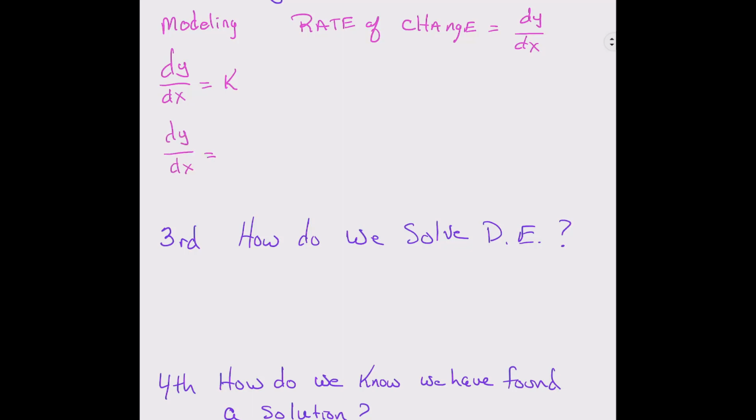So this would be dy/dx equals some constant raised to a variable. I can observe the rate of change, observe how things are measured as they're changing, and from that, I can build a model.